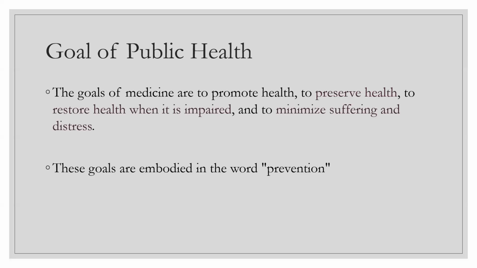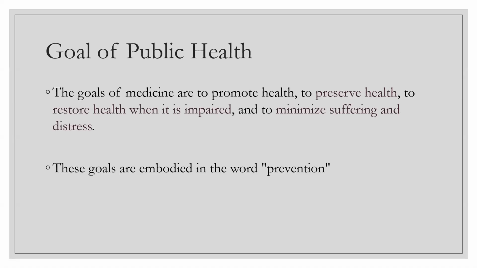So for us to understand this, we need to go back to what the goal of public health is. So the goal of public health, not medicine, is to promote health, preserve life, restore health when it is impaired, and minimize suffering and distress.